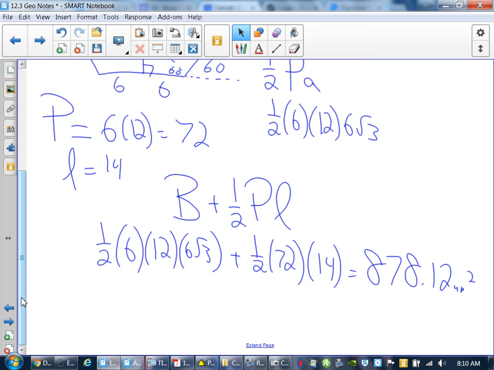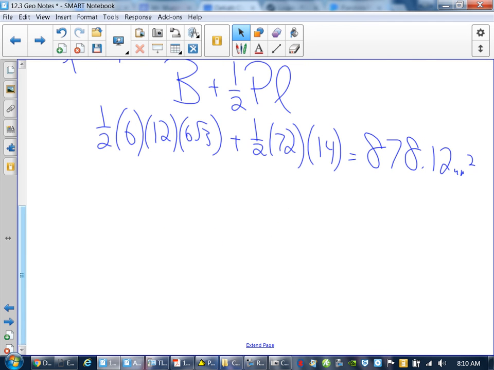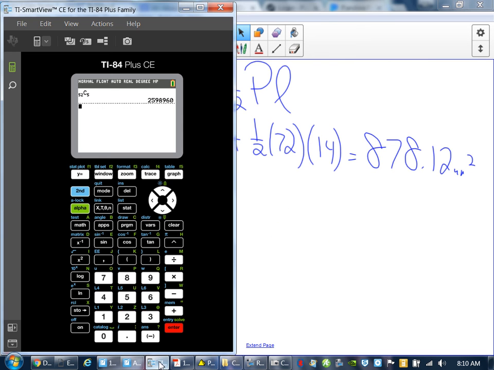I know that last week when we had a bunch of parentheses, people were having problems putting that in the calculator. Instead of all those parentheses, you can just do 0.5 times 6 times 12 times 6 root 3. But make sure when you're done with that root 3, you press the right arrow to get out of the root, because if you don't, you'll take the square root of 3 plus the rest of the other stuff.